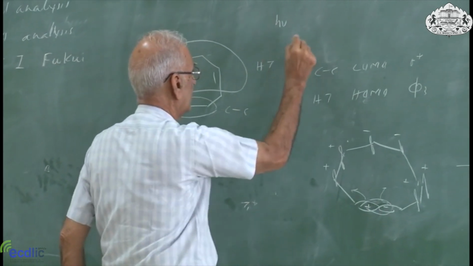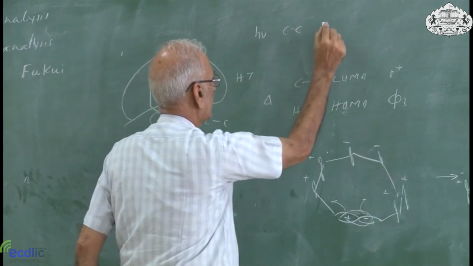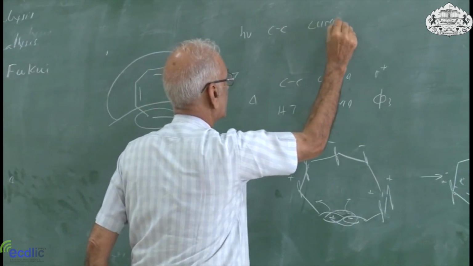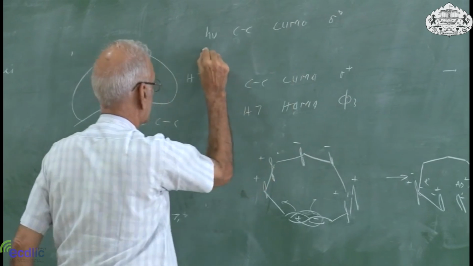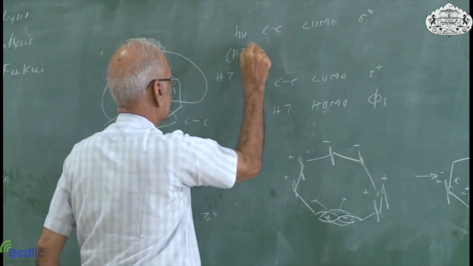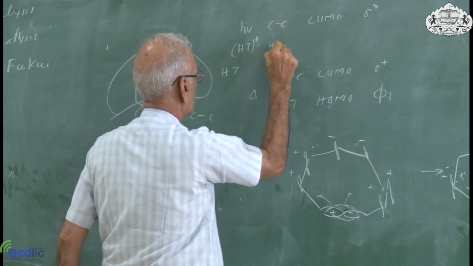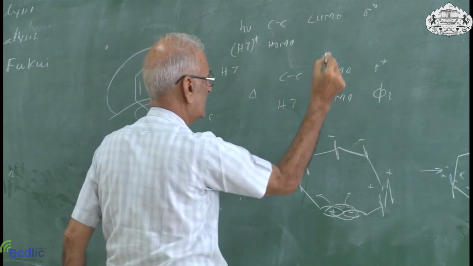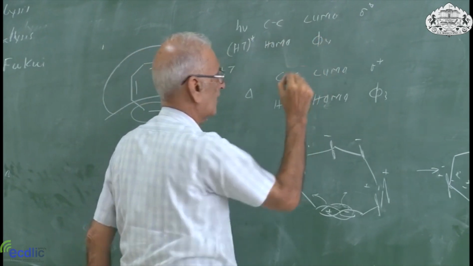In the photochemical, carbon-carbon, LUMO is sigma star. Hexatriene excited, HOMO is phi 4.